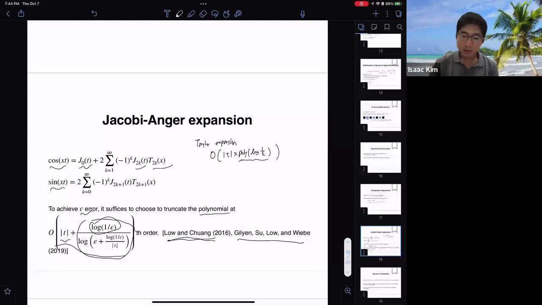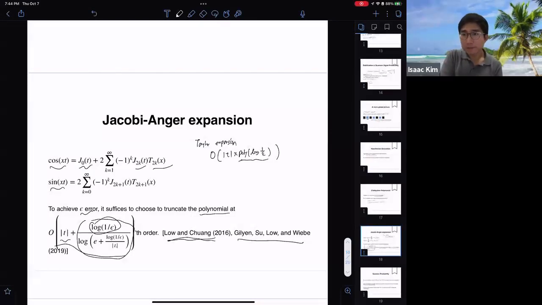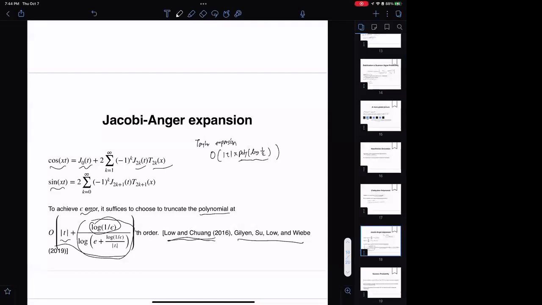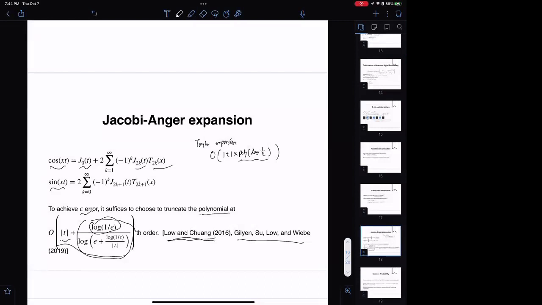So the problem is you're given a microscopic Hamiltonian, and your goal is to simulate e to the minus iHt up to some precision. You can use all these different methods, but qubitization usually wins in actual gate cost. So I guess my question is, in the end, the information you get is the eigenvalue or the energy spectrum, but not the wave function itself.